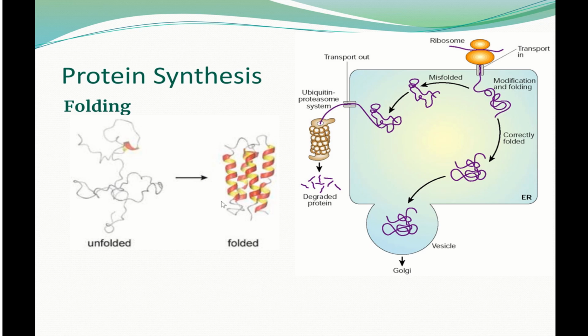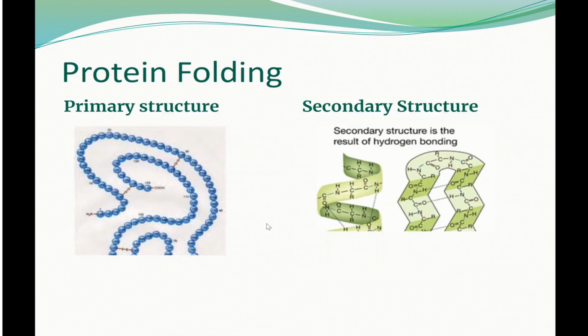So what we do is we send this to the Golgi apparatus, where we're going to make sure that everything is folded correctly. That's what the Golgi apparatus is going to do. It's going to check, and if it's not folded correctly, then it's going to be discarded and broken apart and used for other proteins later.